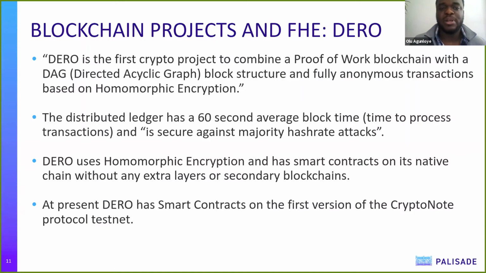So again, we can talk briefly about something called DERO. It is a project that is claiming to be the first project to combine proof of work blockchain technologies with directed acyclic graphs.